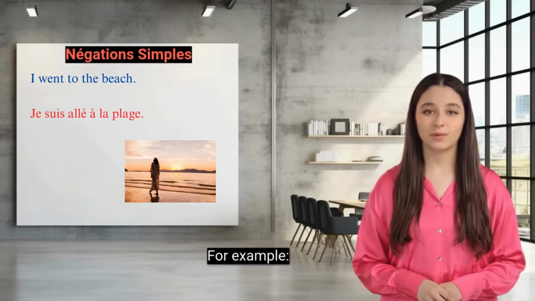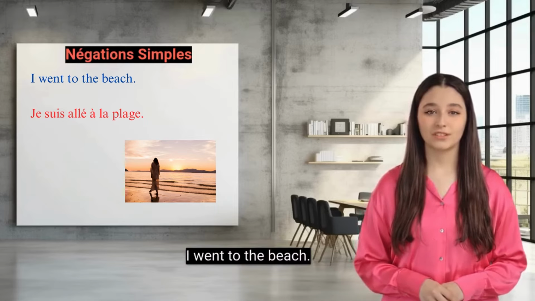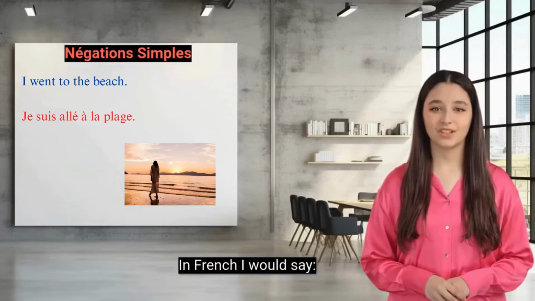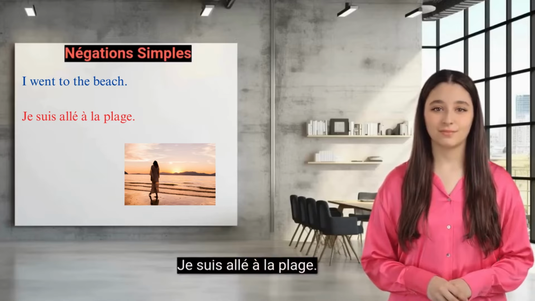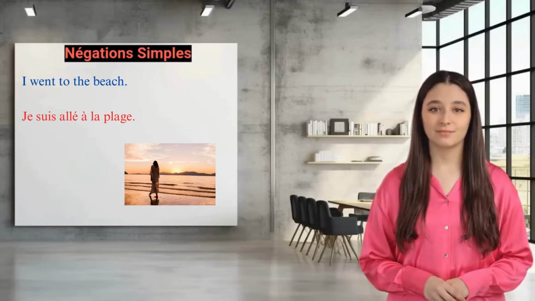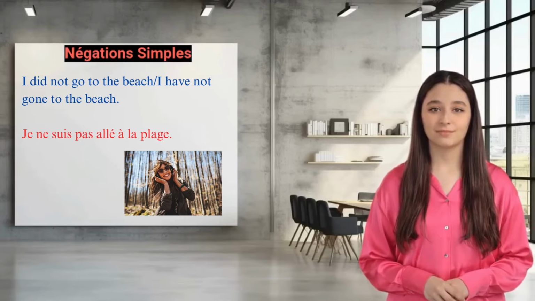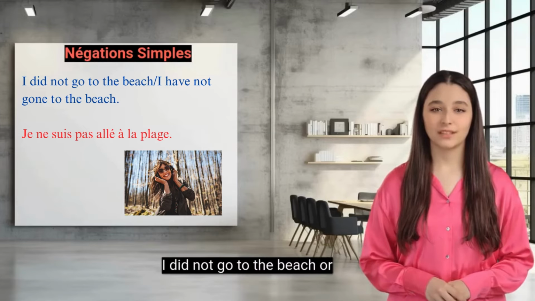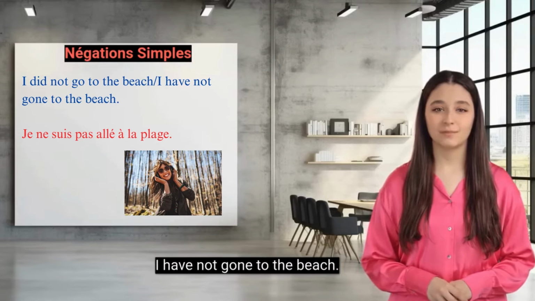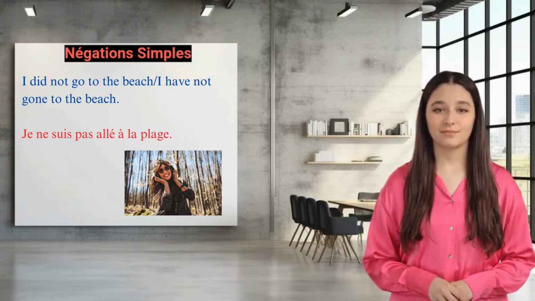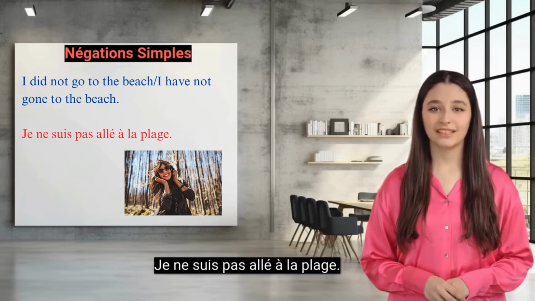For example, I went to the beach. In French I would say, je suis allé à la plage. If I want to say, I did not go to the beach, or I have not gone to the beach, in French I would say, je ne suis pas allé à la plage.